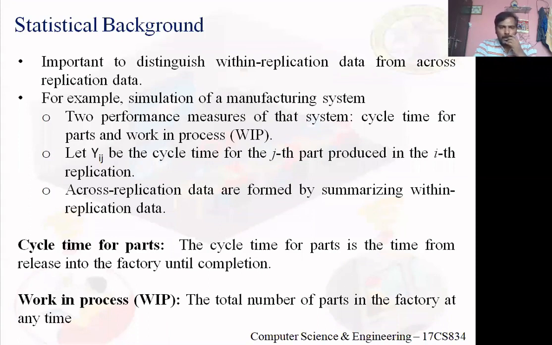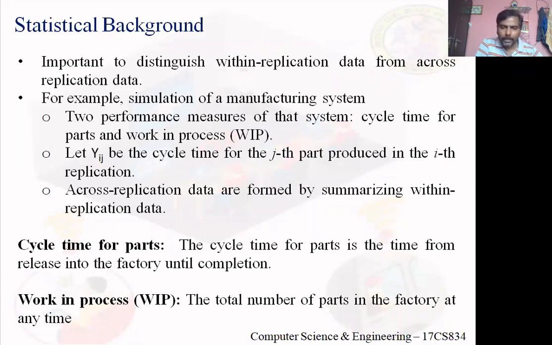Those two performance measurement parameters of the manufacturing system are cycle time of parts and work in process. Cycle time for parts is like the response time of a customer. Cycle time for parts is the time from release into the factory.